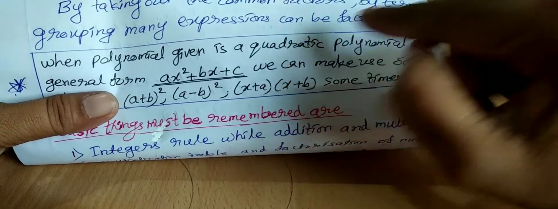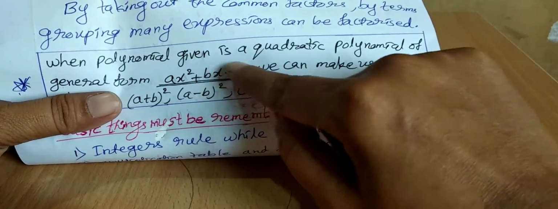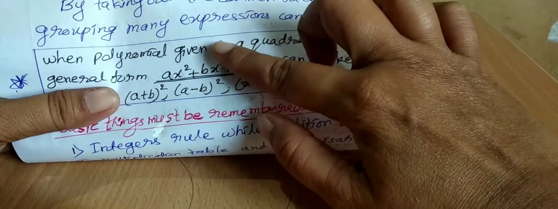These identities can be used when a quadratic polynomial, a second degree expression, is given.